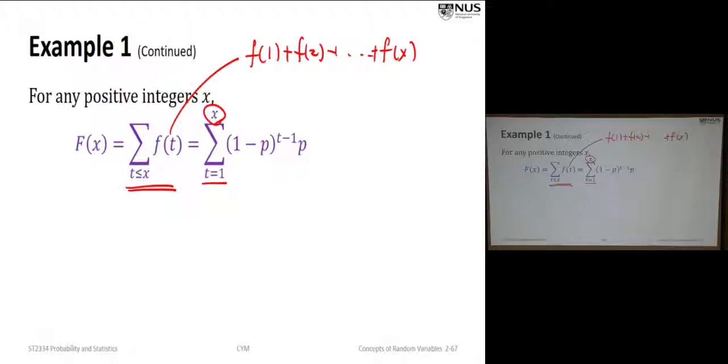This is what we mean by changing t, starting from 1, then 2, then 3, up to x. In other words, it will be (1 minus p) to the power 1 minus 1 times p, plus (1 minus p) to the power 2 minus 1 times p, and so on, until you reach the last term, which is (1 minus p) to the power x minus 1 times p.